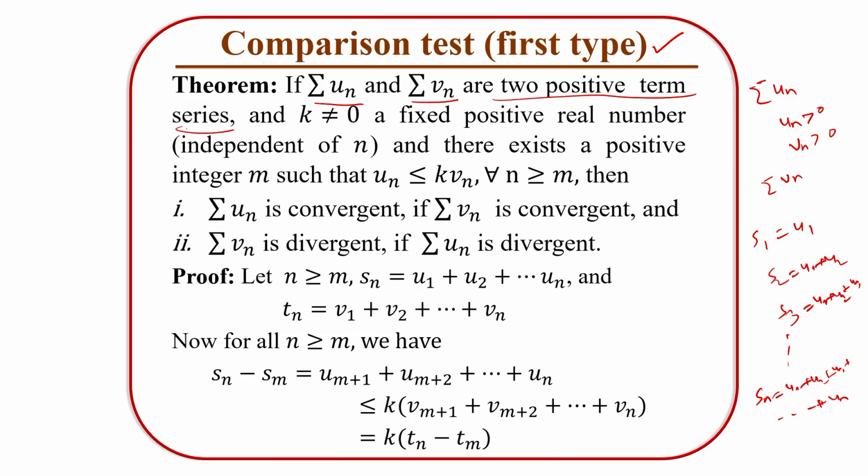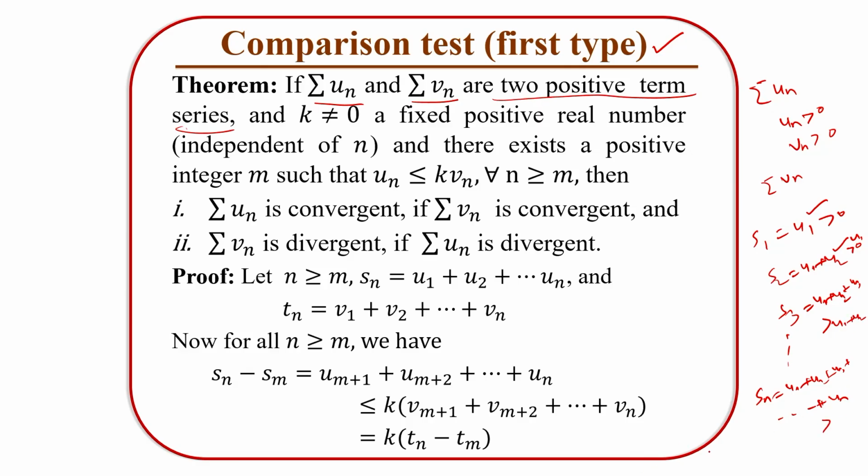Look at the structure. u1 is positive, so S1 is greater than 0. u1, u2 is positive, so this is greater than 0, and not only that, this is greater than u1 as well. Similarly, this is greater than u1 plus u2 as well.